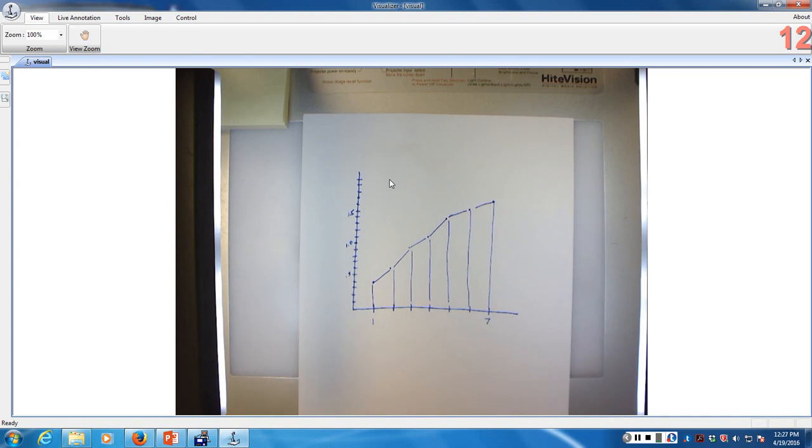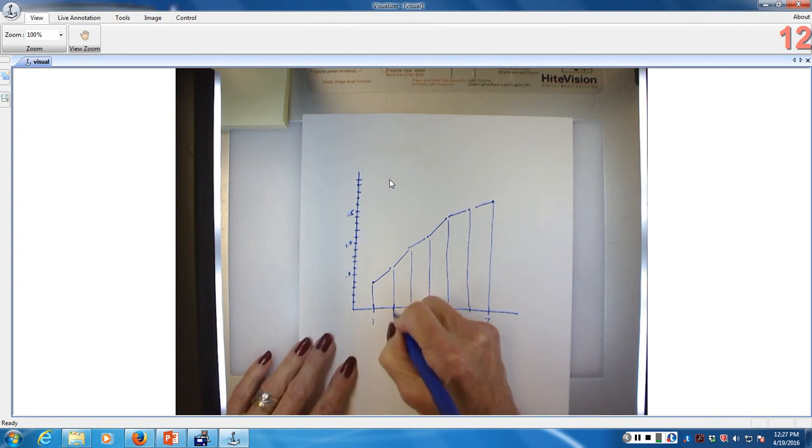Okay, so that's roughly what it is we're finding the area of. And remember that each one of these increments right here, these are all 1.